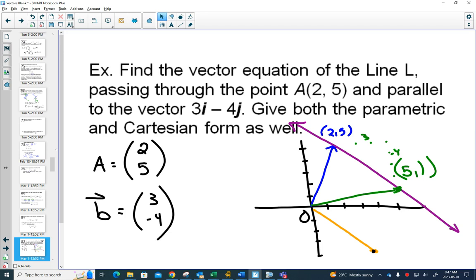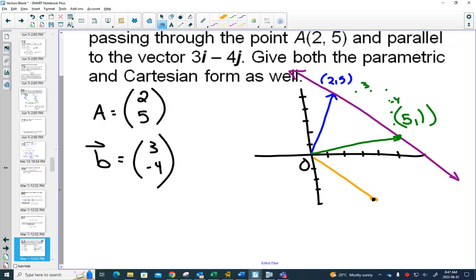So now the vector equation of this line says, and this is what makes vectors so easy to work with. If you had this in y equals mx plus b, you would have to find the slope, right? And the slope of this purple line isn't hard because we already know that the rise over run is -4/3, because we drew those dots.